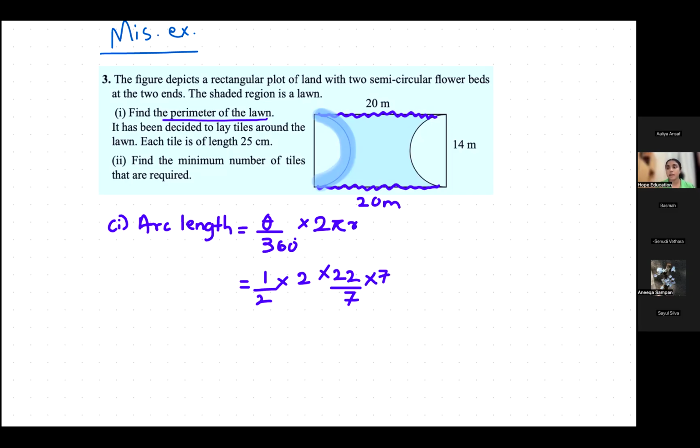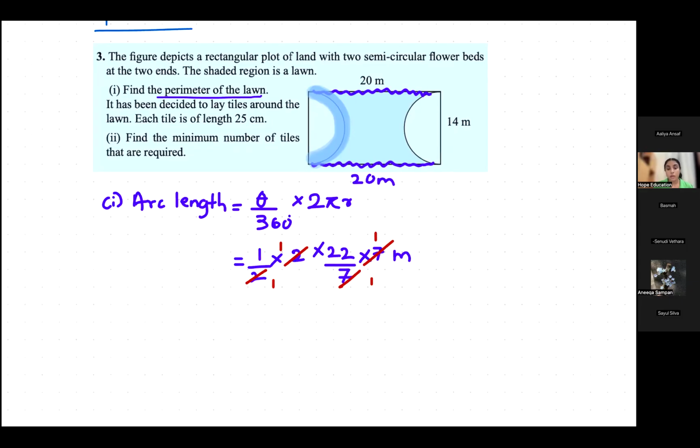Writing meters is extremely important because you cannot get the units confused. If you have the correct answer but your units are wrong, you are not getting marks for that answer. Children, please always keep that in mind. So 7 times 1 is 7, 7 times 1 is 7, 2 times 1 is 2, and we only have 22 remaining.